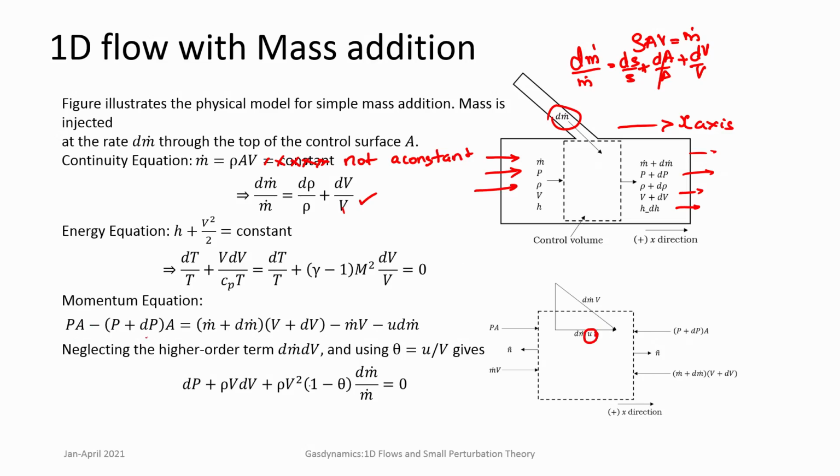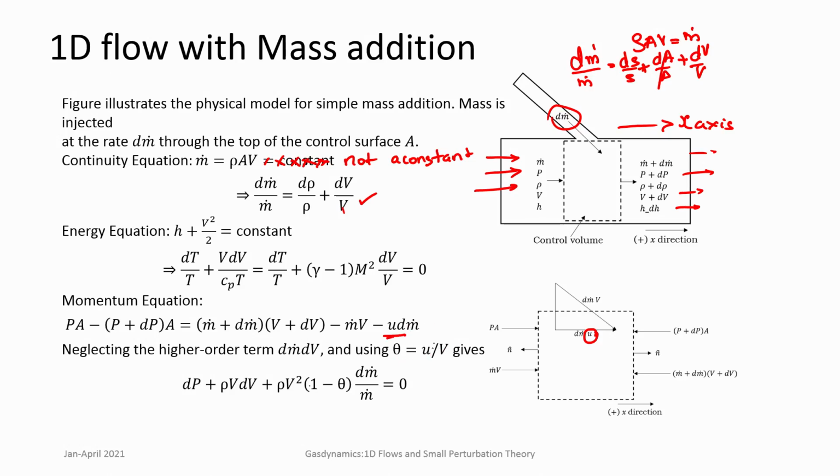So, PA minus (P plus dP)A, this is the pressure force, is equal to the change in momentum flux, which is (m dot plus d m dot)(V plus dV) minus m dot V minus d m dot u.